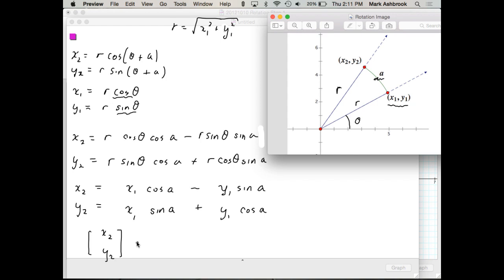So that point, basically, how can we write those two equations as one equation? What's the key mathematical thing here that allows us to do that? You notice what this is?